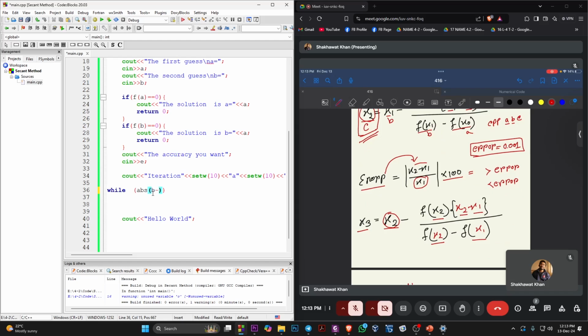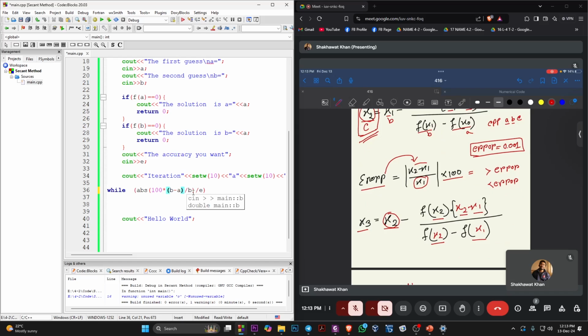This x2 would be my B and x1 would be my C divided by B. Also I have to multiply 100 into the absolute value for B minus C divided by E. Okay, 100 multiplied by B minus C. Sorry, that would not be C, that would be A. My mistake.